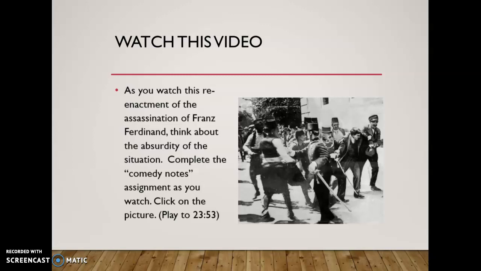The way this assassination occurred was ridiculous. I don't mean to diminish the seriousness of the war, but this was ridiculous. It was a comedy of errors, and I want you to see the absurdity that started a war that killed 60 million people.